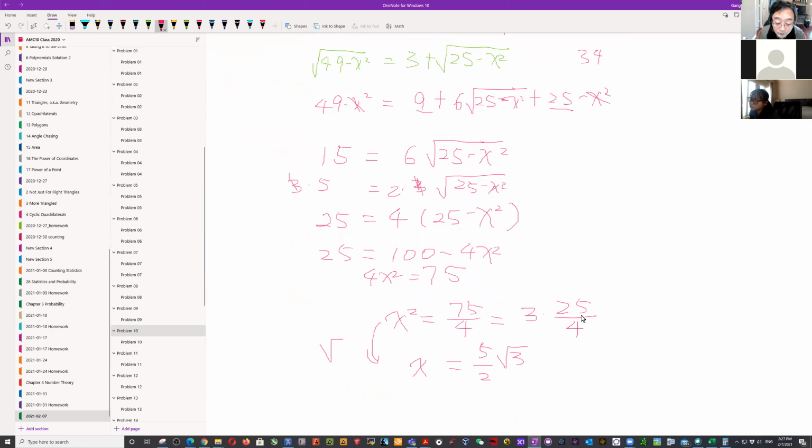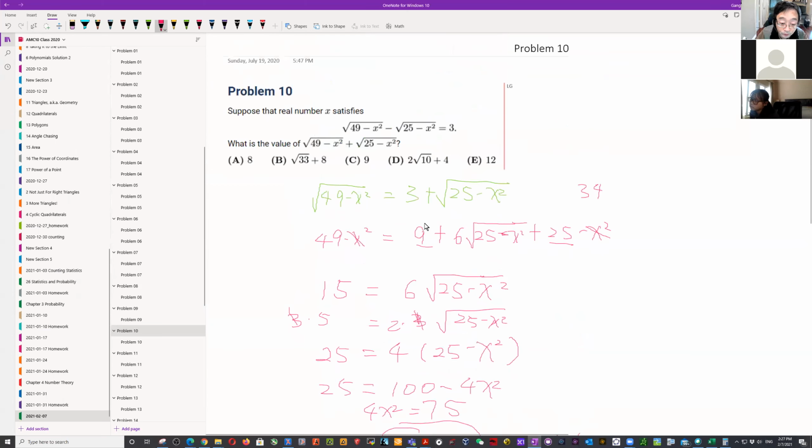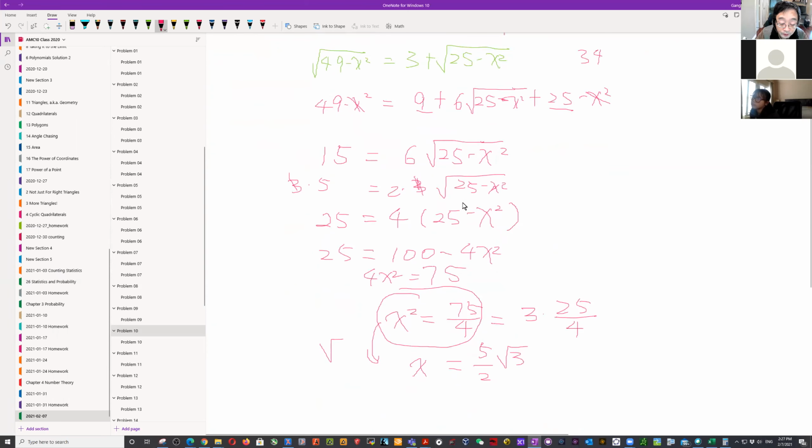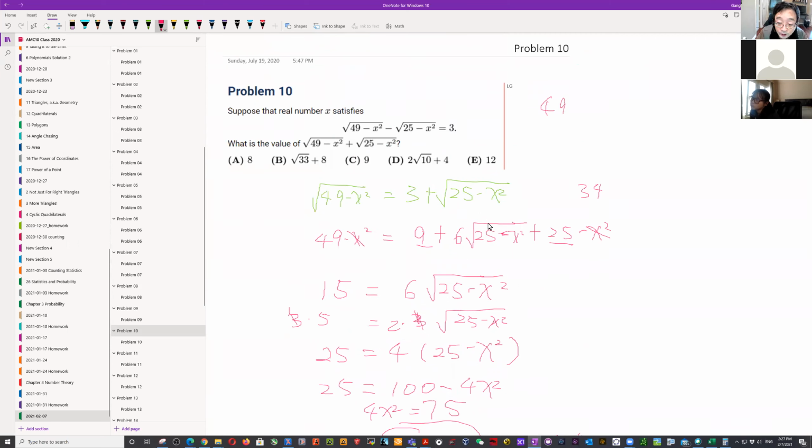Also, here we have actually already reached what we need, because we are not really trying to calculate x. We only need to calculate x squared. So after reaching this step, we can already plug in. 49 minus 75 over 4, square root, plus square root of 25 minus 75 over 4.